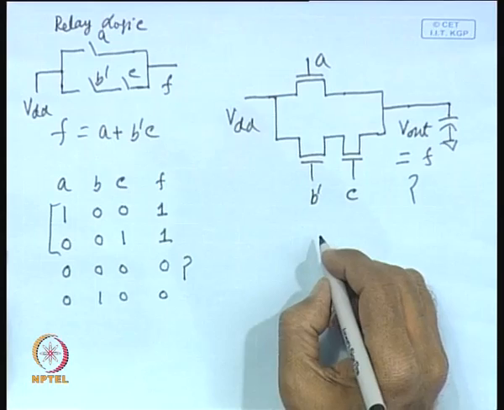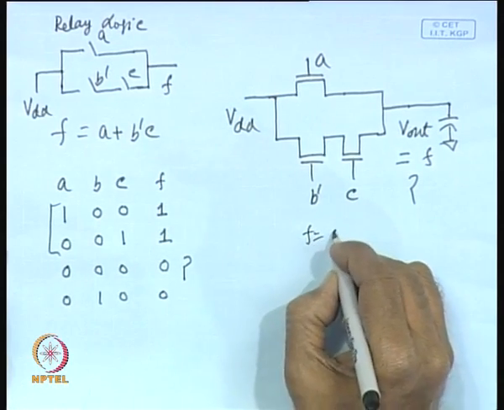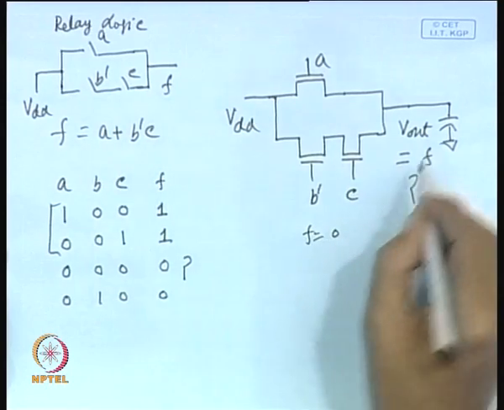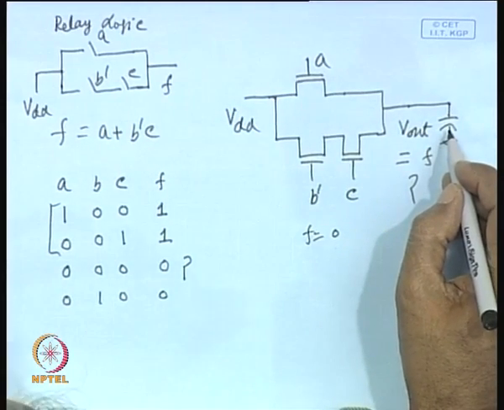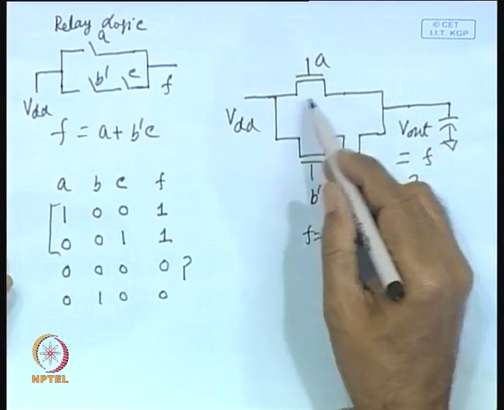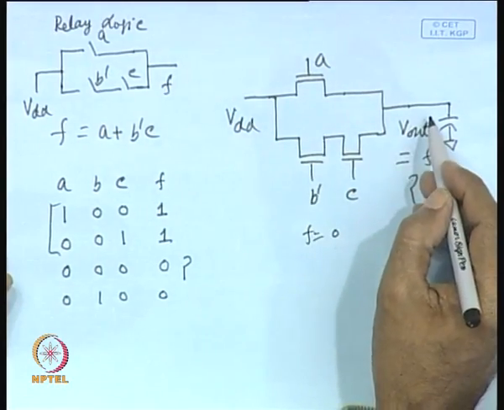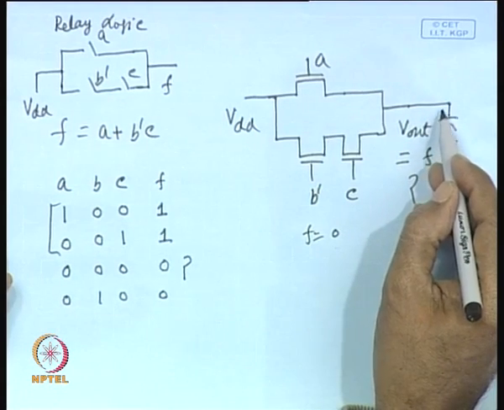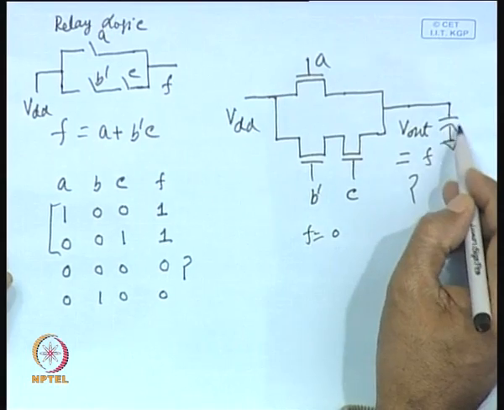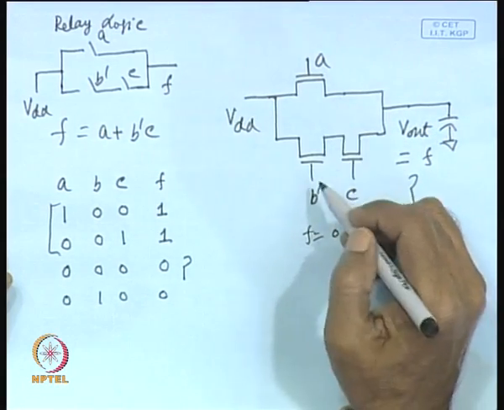But what about when F is supposed to be 0? We have to provide a path for discharging the capacitor. How can you provide that? We have to put an additional path such that it should produce 0 by discharging the capacitor when the input combination is such that the output is 0.